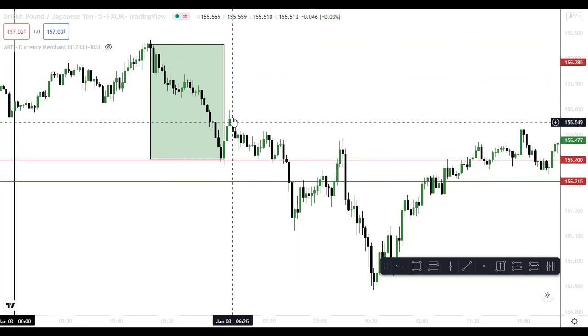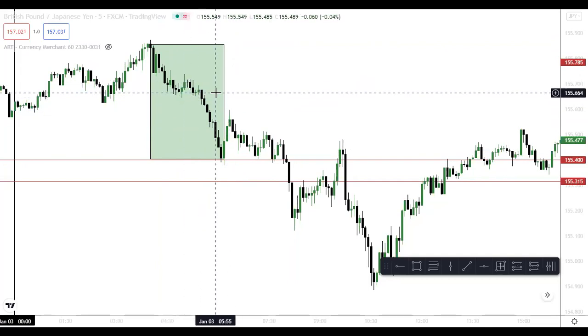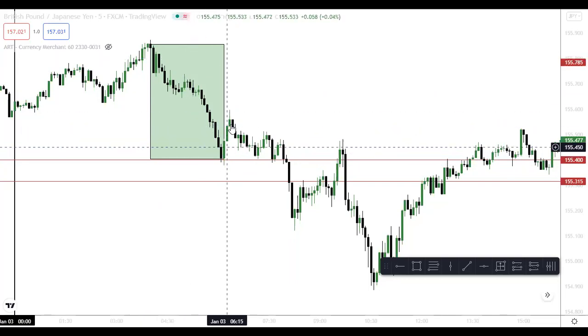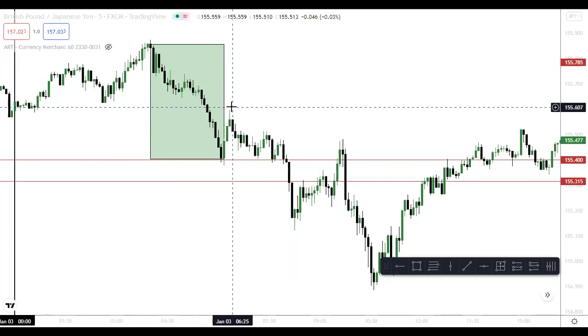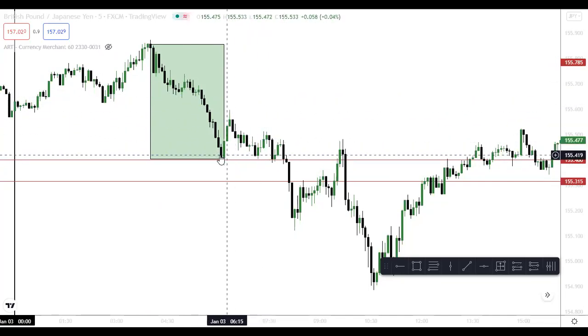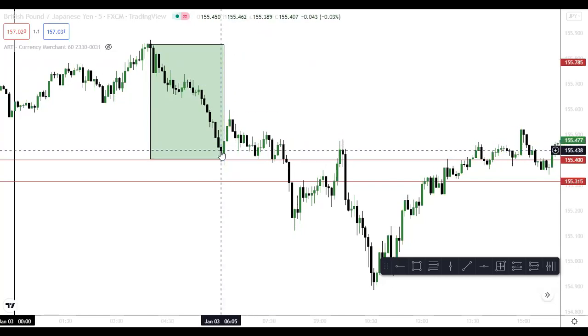So if this push happens and it does not take out any of these highs, you cannot be expecting to be bullish here. So this is what, you know, the word inducement, if you want to call it that. This is where inducement is happening, where this low is going to be an area where stops are going to be pulled, because there is no break in market structure from this low.